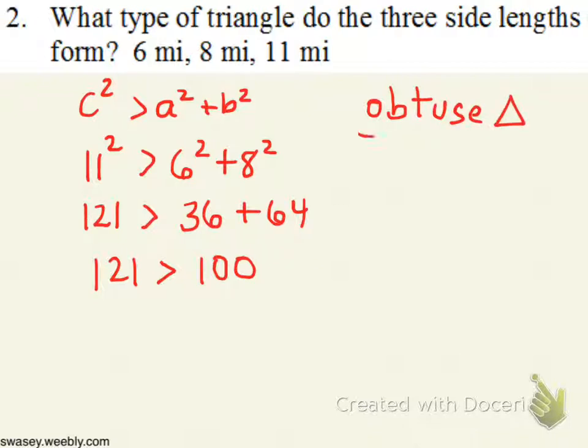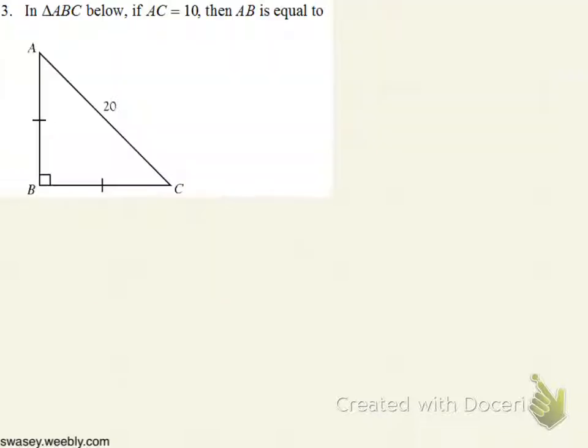If c squared were less than a squared plus b squared, then it would be acute. And then if c squared is equal to a squared plus b squared, then it's a right triangle.